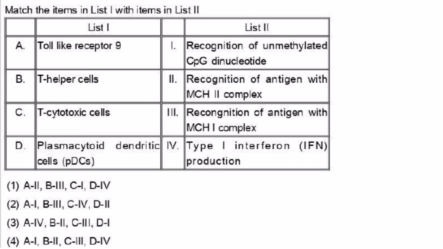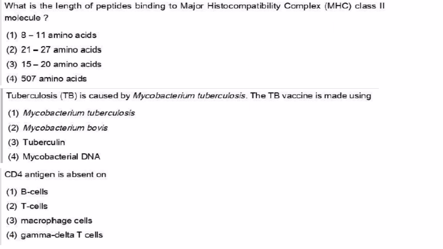Plasmacytoid dendritic cells, type 1 interferon production. So A1, B2, C3 and D4 matches option 4. So the answer here is option 4.